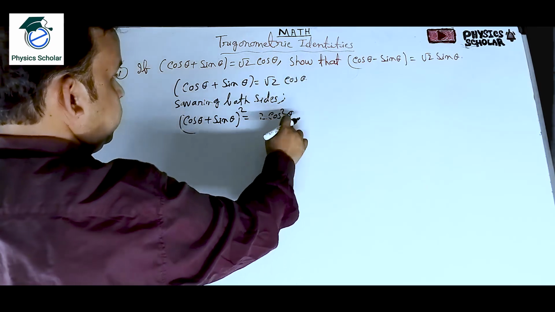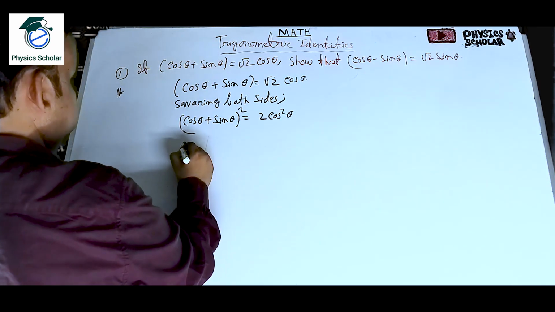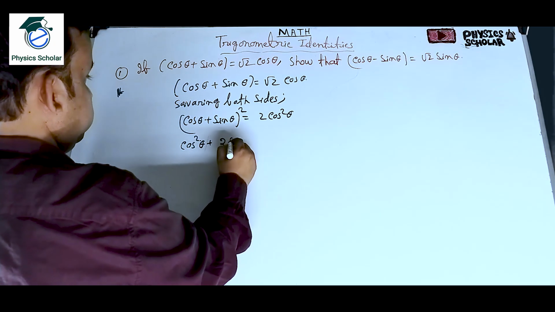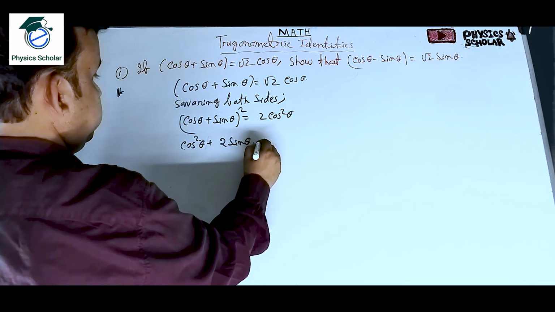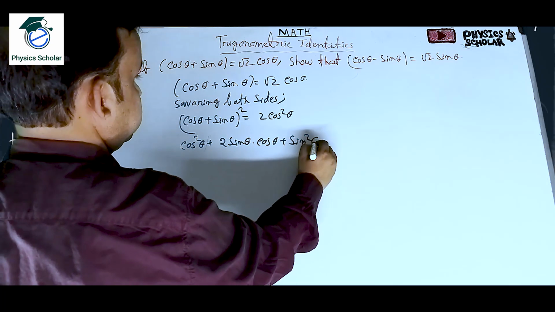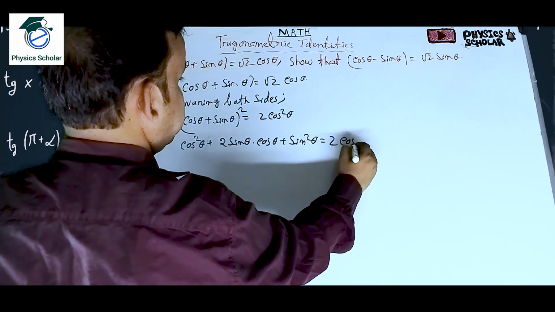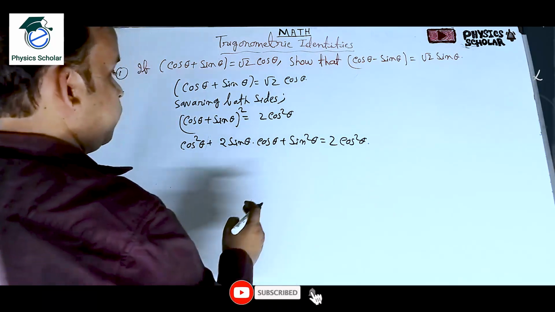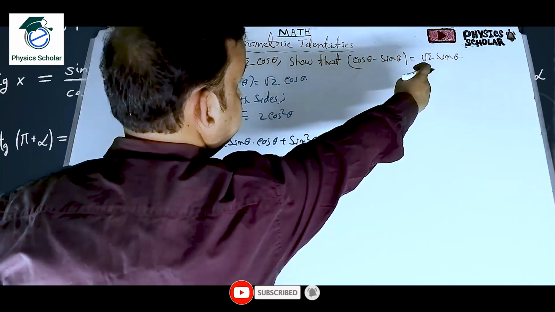Now this is cos square theta plus 2 sin theta cos theta plus sin square theta is equal to 2 cos square theta.